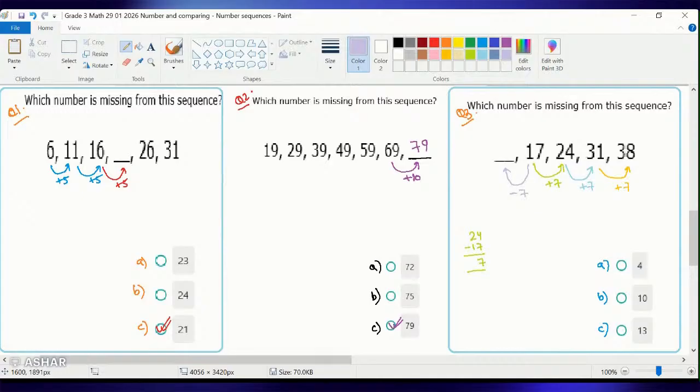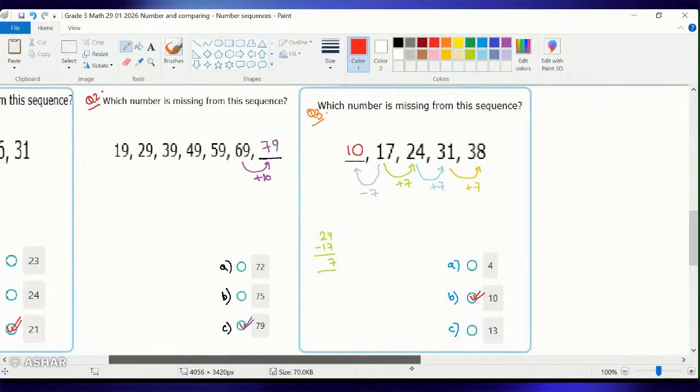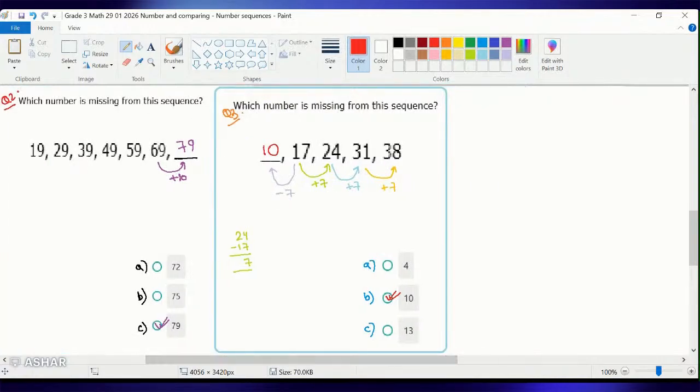Yes. Thank you, Semi. And 10 is the correct answer. That is option B. Thank you for your answer. Okay, that's correct. Let's move ahead to the next question. Yes, May, option B is the correct answer.